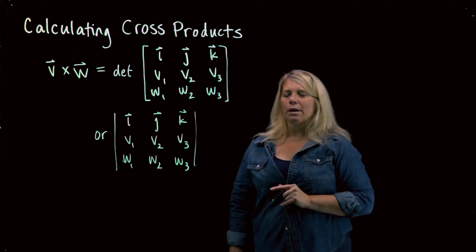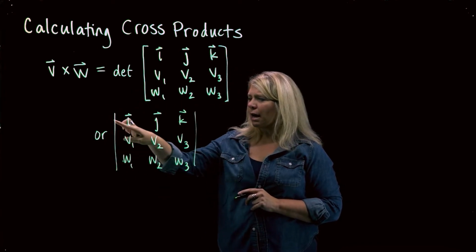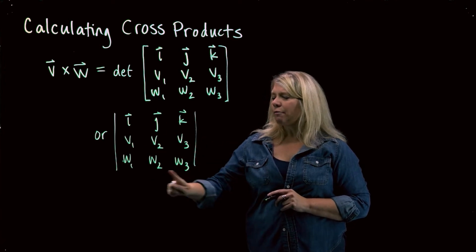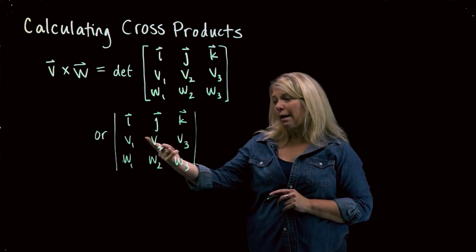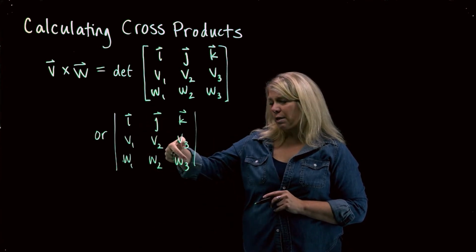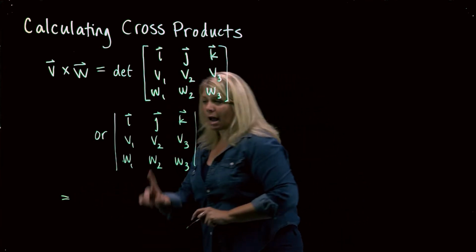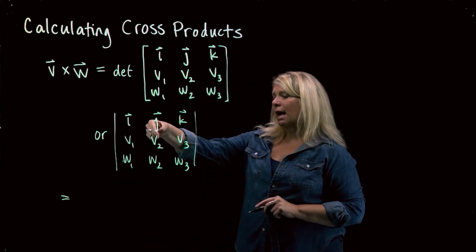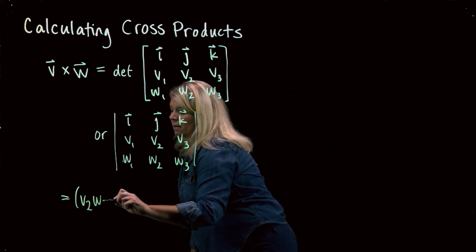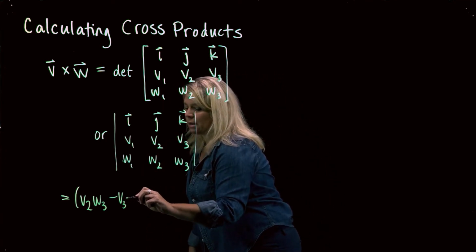I'm not going to do that on the board here because that messes up everything, but cover up or ignore the row and the column that i is in. What you'll be left with is a 2x2 part of the matrix. We're going to do this product minus this product. For the i entry, we're going to take V2 times W3 minus this product, V3 W2.